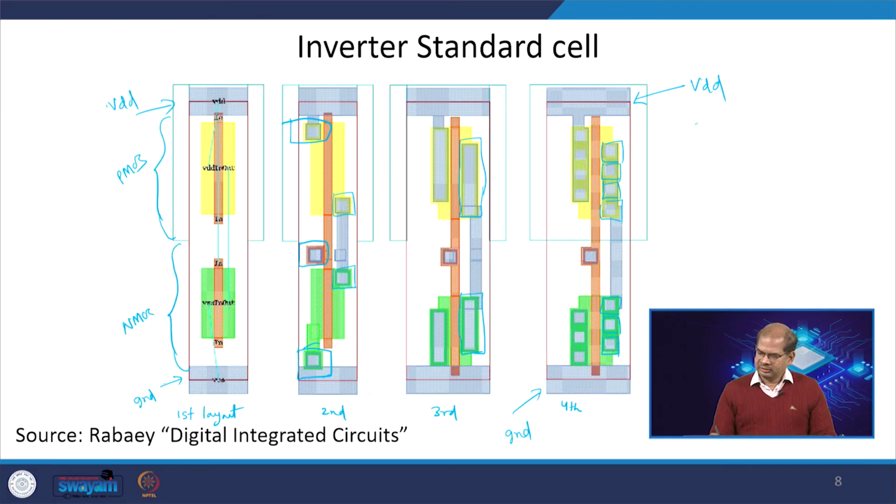Either all the cells have the same height or a multiple of the unit height, the minimum height cell.